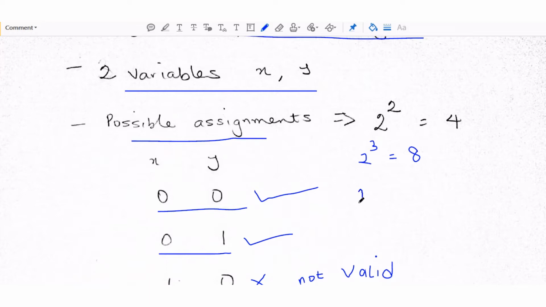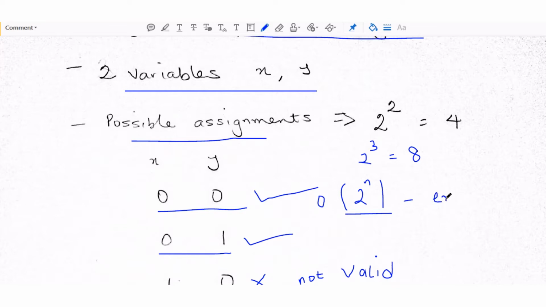And if the number of variables is n, then we have 2 raised to the power n possible assignments. In big O, this is what we refer to as exponential.